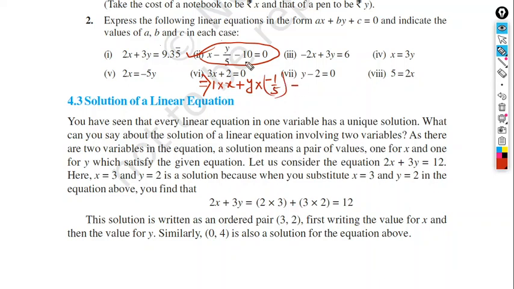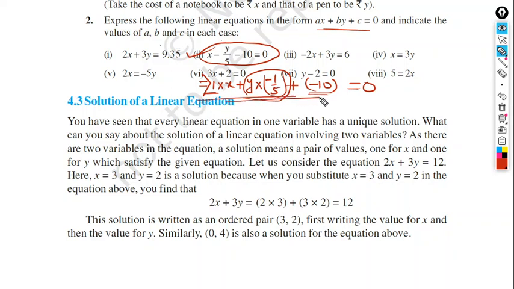Minus 10 is there. That means we need ax plus by plus c form, that means plus minus 10, which is equal to 0. So here we have got a is 1, b is minus 1 by 5 and c is minus 10.